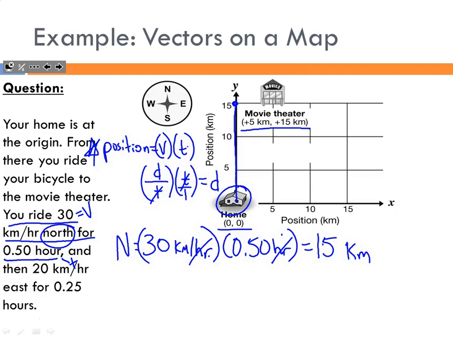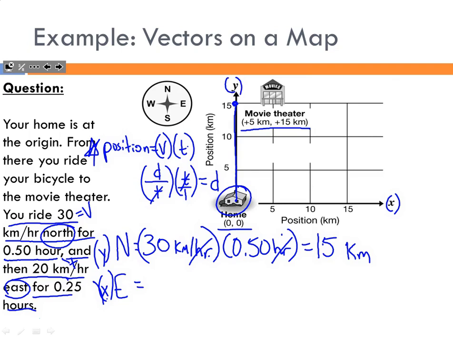But that's just my y. I need to know what is my x. So then my x, it says, and then travel 20 kilometers per hour east for 0.25 hours. So now I'm going to look at my eastern direction. So this we said is our y, and this is our x. And it even shows us up here, our x is on our independent, our y is on our dependent.